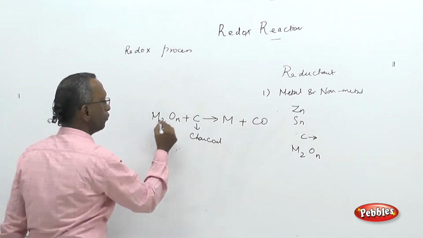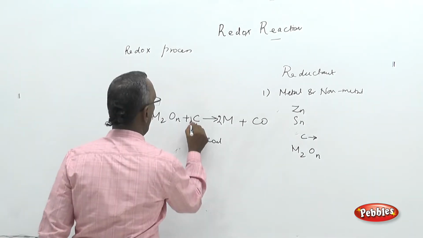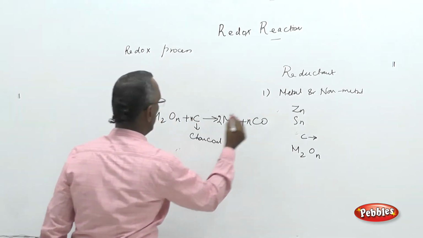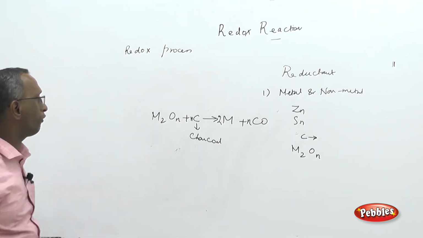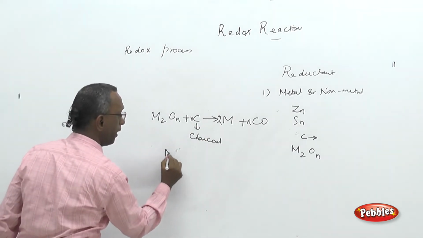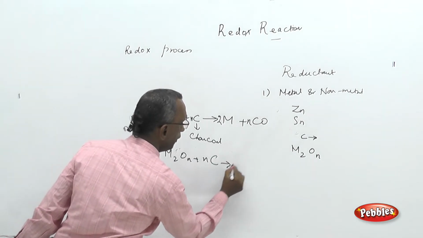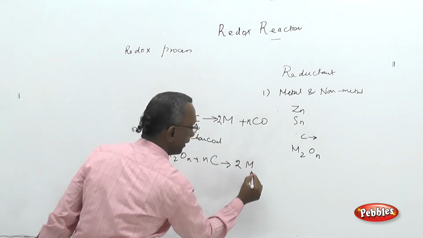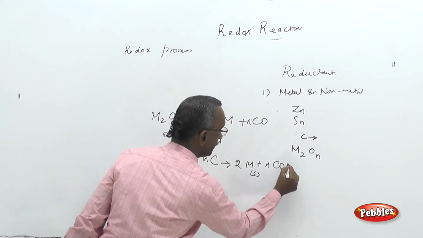If we balance it, two parts of metal, 2M. N number of carbon atoms combine with the N number of oxygen atoms of the metallic oxide to form NCO. So this process in general is M2ON plus NC giving 2M plus NCO. 2M, the metal, is solid, and NCO, carbon monoxide, is gas.